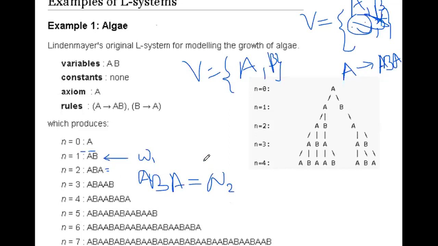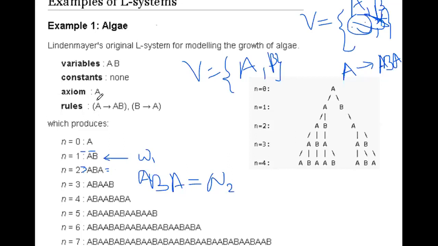Iteratively, you can generate so many rewrites. From this one, you can generate the next rewrite. Let's read the second rewrite. What is the first symbol you encounter?